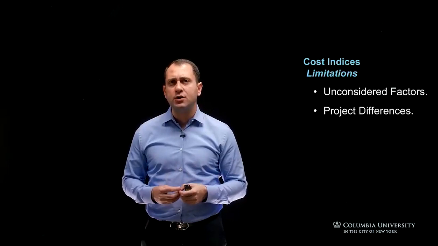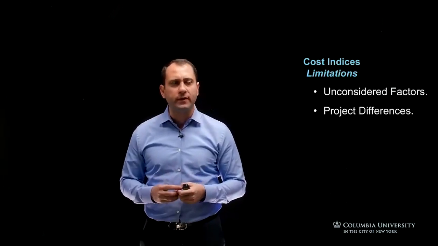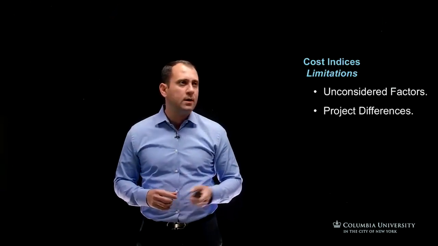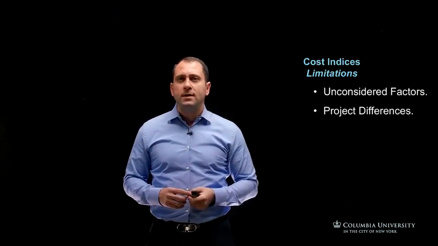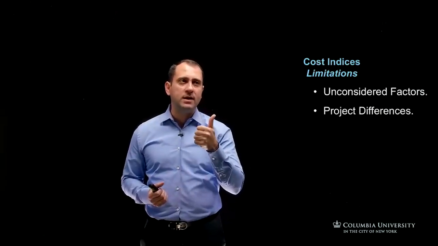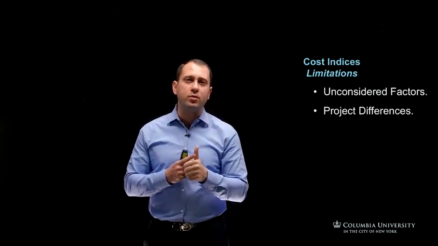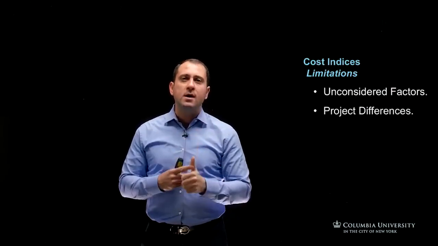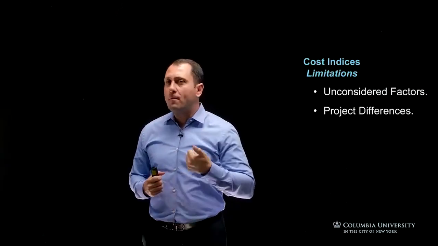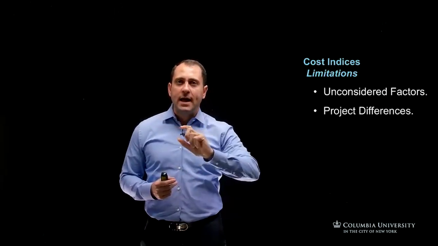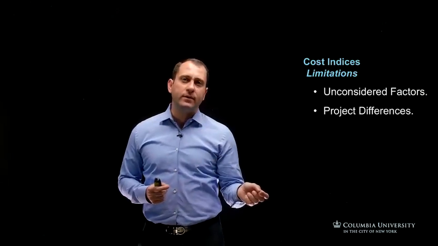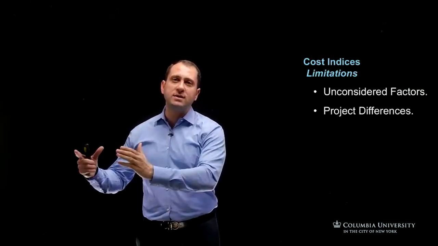So to consider the geographical and the demographic basis is very important, instead of just taking the average of 20 cities in the US. Also, project differences. Differing resource proportions, this is one main limitation. And what we mean by differing resource proportions is the following. There will be problems if the proportions of the input components in an input type cost index do not reflect the resource proportions in the project in question.